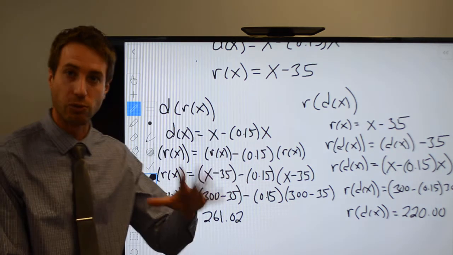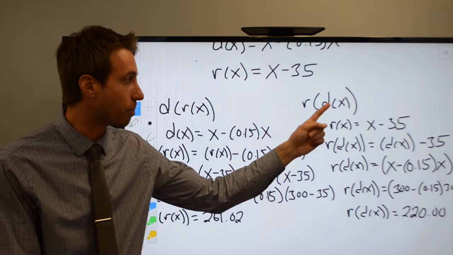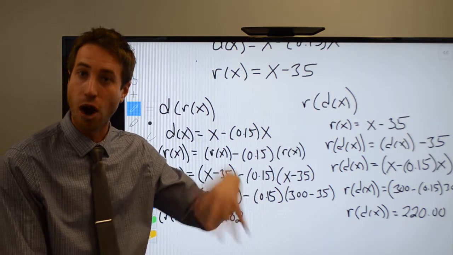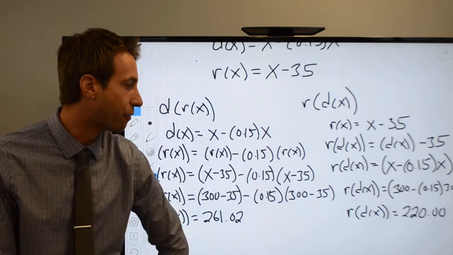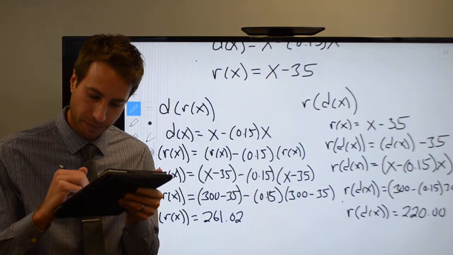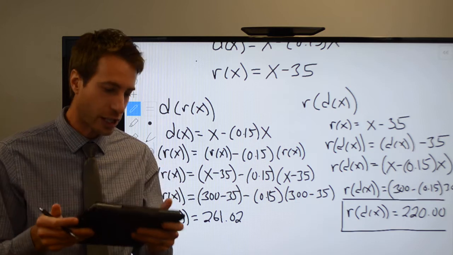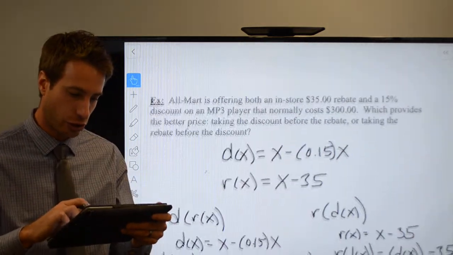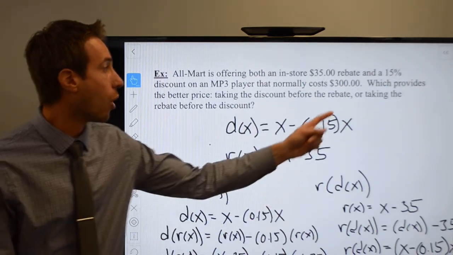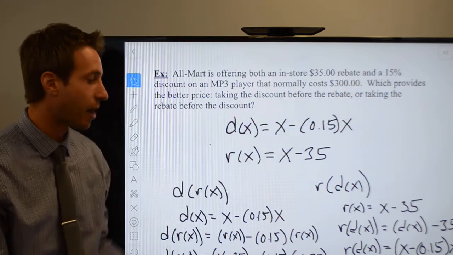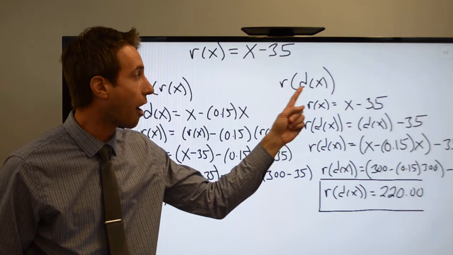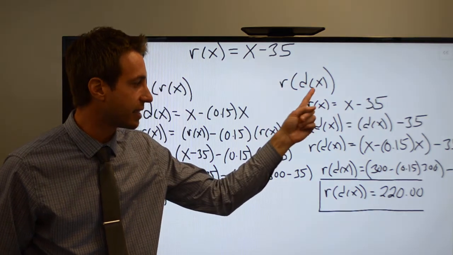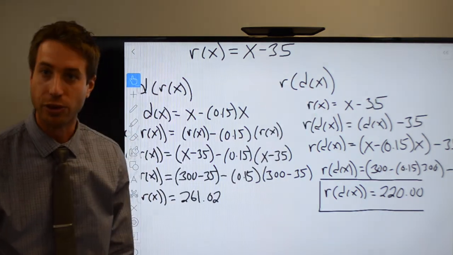The cheaper way to do it is to apply the discount, the 15% off the original price, and then subtract the rebate from that. So here's our winner. The question we were trying to answer: which provides the better price? The one that provides the better price is r of d of x, taking the discount, then applying the rebate.